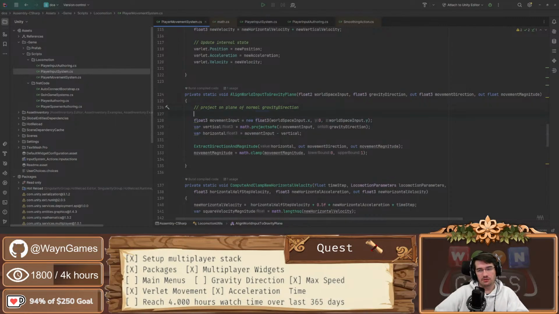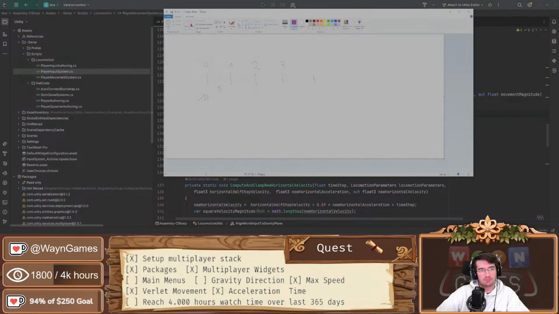So is it simply the gravity direction? If I have my gravity direction and then I have X and Y. Back to my paint that I did not finish, but never mind.